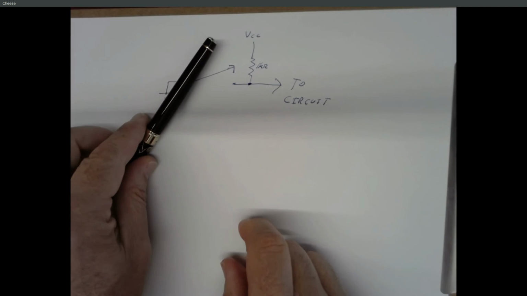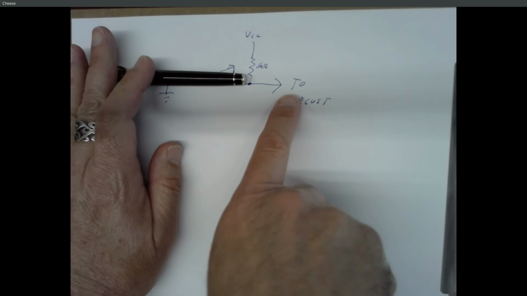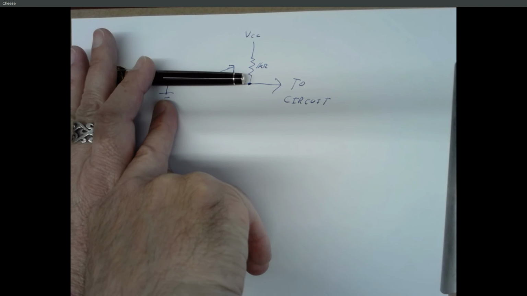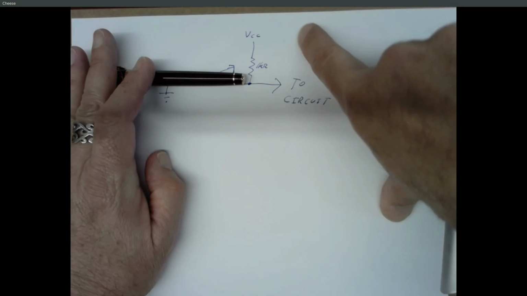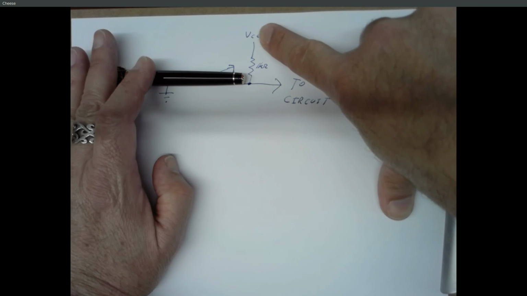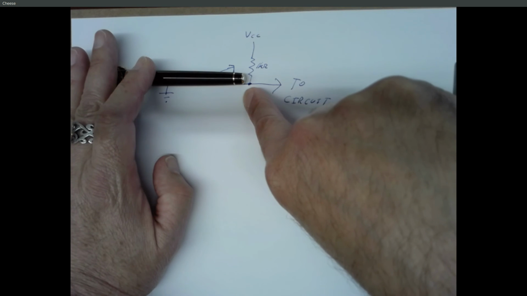And now if I close this switch, if I bring that switch down, my input to my circuit is connected to ground, that's 0. So now I'm feeding a logic 0 in. This point up here is still 5 volts. That's hardwired to my power supply. But I have a 1K resistor between there and this point.